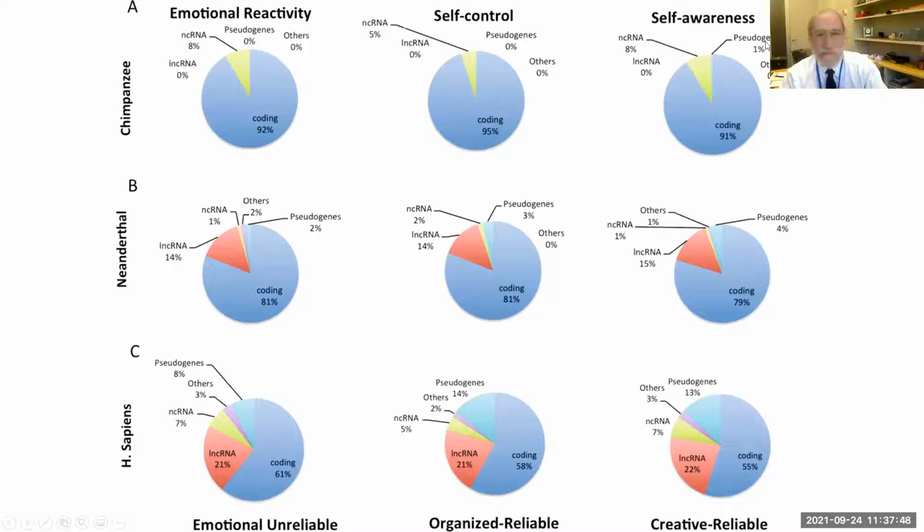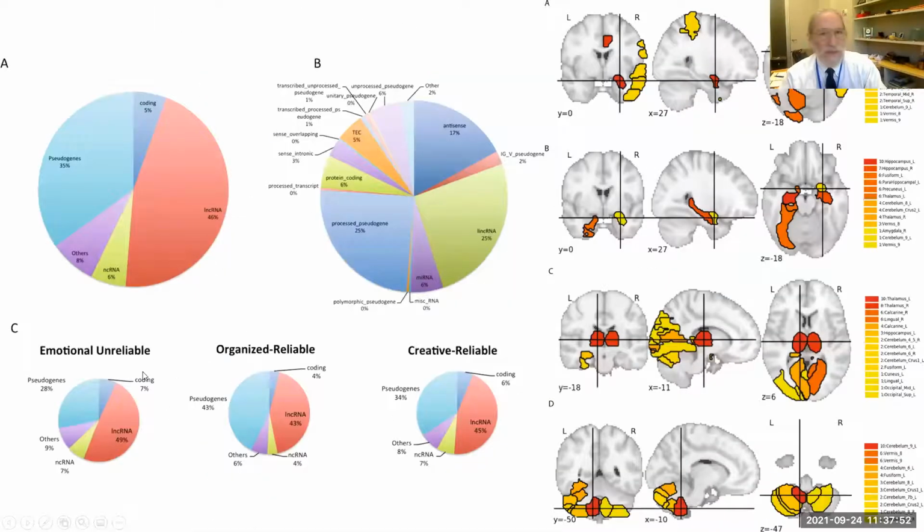And that's what, if you will, makes us different. And the expression of those genes that are uniquely human is actually expressed in very specific parts of the brain that are related to those functions of self-awareness and emotional reactivity.